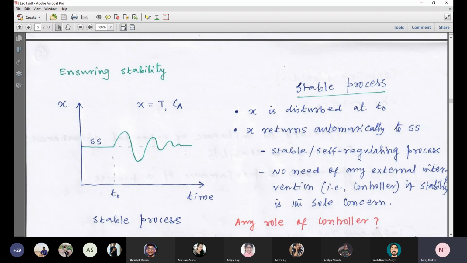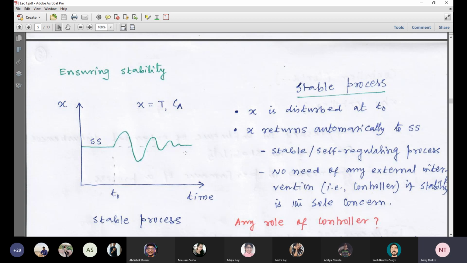For such a process, we don't need any controller because it is automatically coming back to the original X. And this is an example of a stable process.